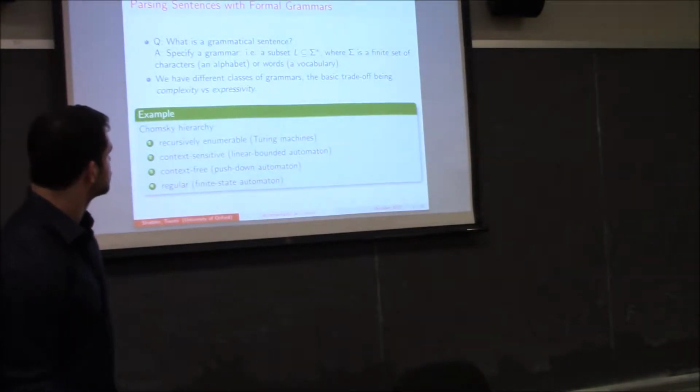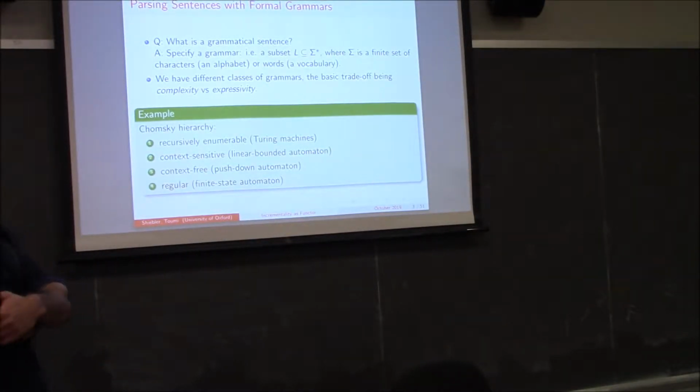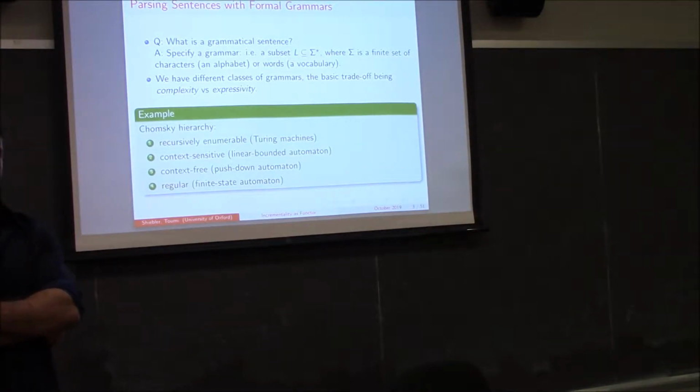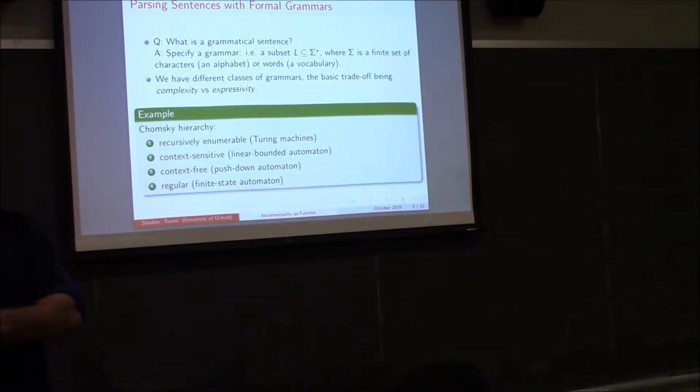All right. So formal grammars. These are a family of constructs that are basically various ways to slice up the concept of having a subset of some free monoid that we accept as a language.